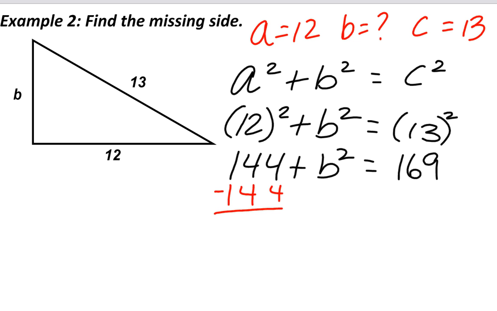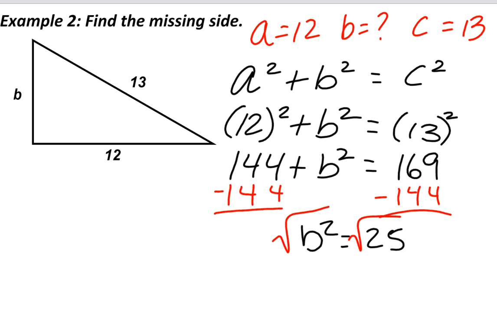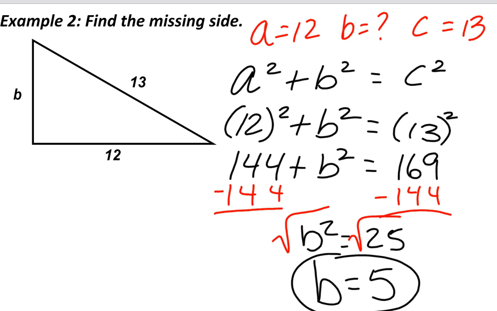If we subtract 144 to get b by itself, we have b squared equal to 25. The opposite operation of a square is the square root, which gives us a b value of 5, the square root of 25. And again, 12, 5, and 13 is a Pythagorean triple.